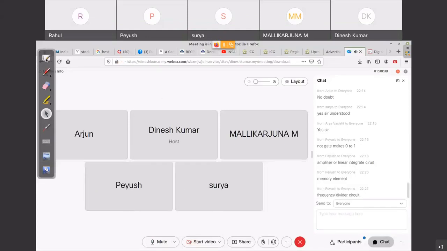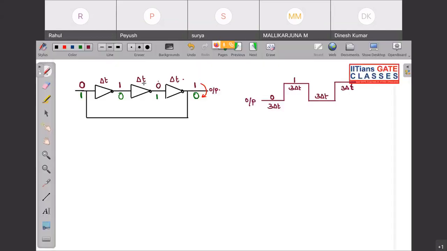But here you cannot exactly say that this is a frequency divider, because you will have a constant frequency for this circuit. For this particular circuit, the frequency will be 1 by time period.